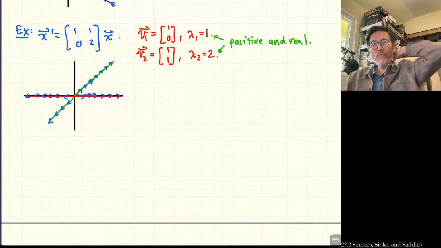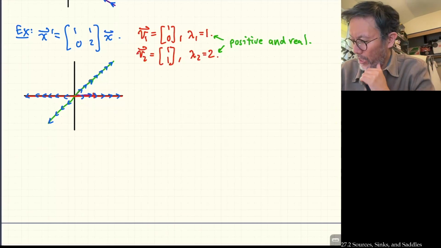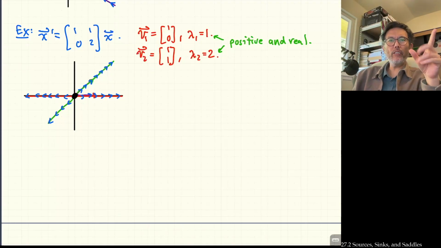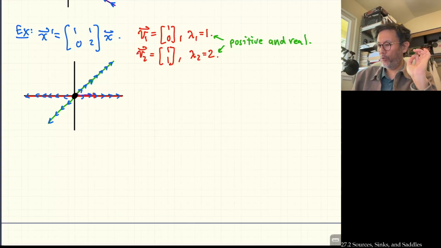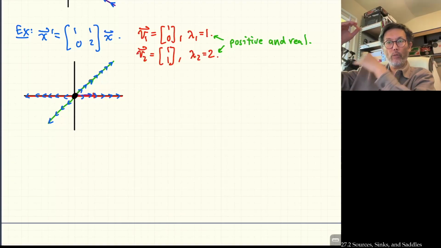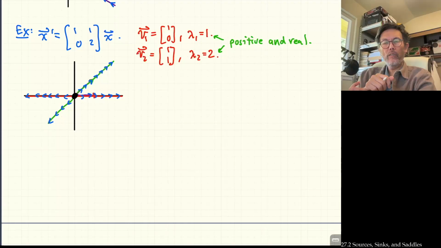Now, I want you to notice we have this special point here at the origin. Have you ever noticed, and maybe this is true generally, that when you have a system like this, x prime equals p times x, x equal to 0 is always itself a solution? x equal to (0, 0) is a solution.